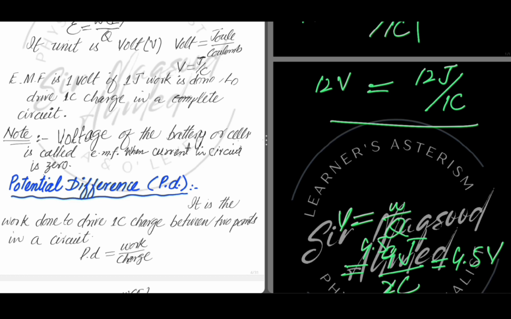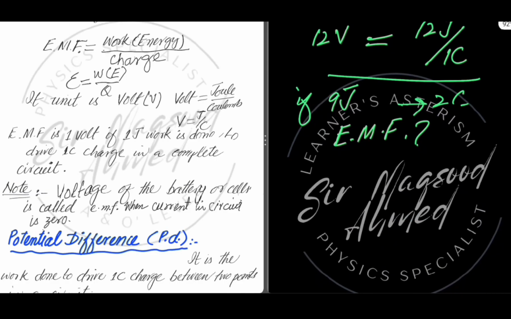Let's solve a question. 9 joule work has to be done to drive a 2 coulomb charge. Find the value of E.M.F. So by using formula, volt is equal to work done per coulomb charge.